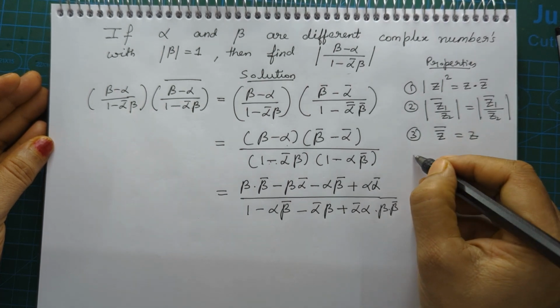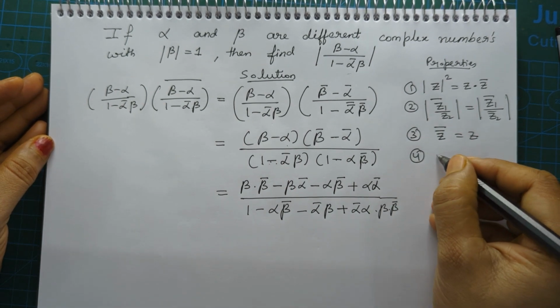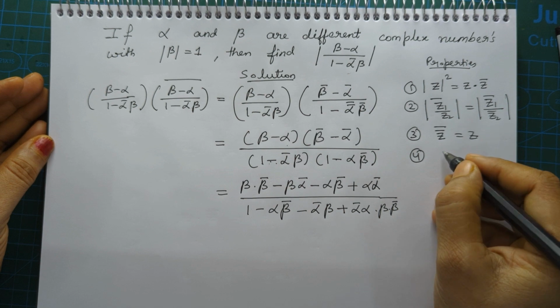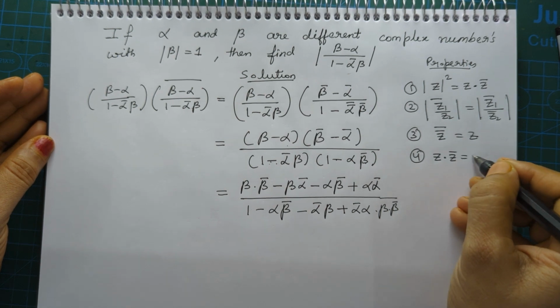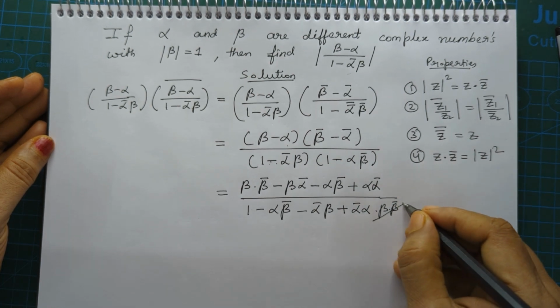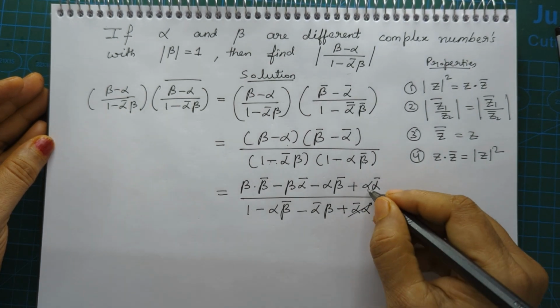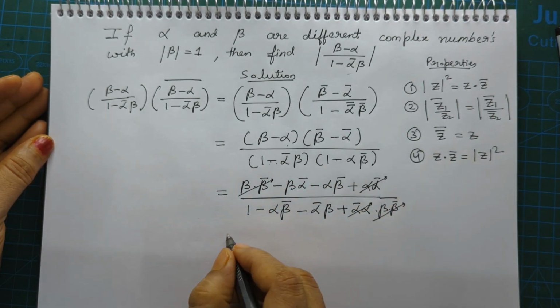Now the fourth property related to conjugate and modulus we are going to use is this one. The complex number times its conjugate is the mod of the complex number square. You can see in these 4 locations this property is applied.